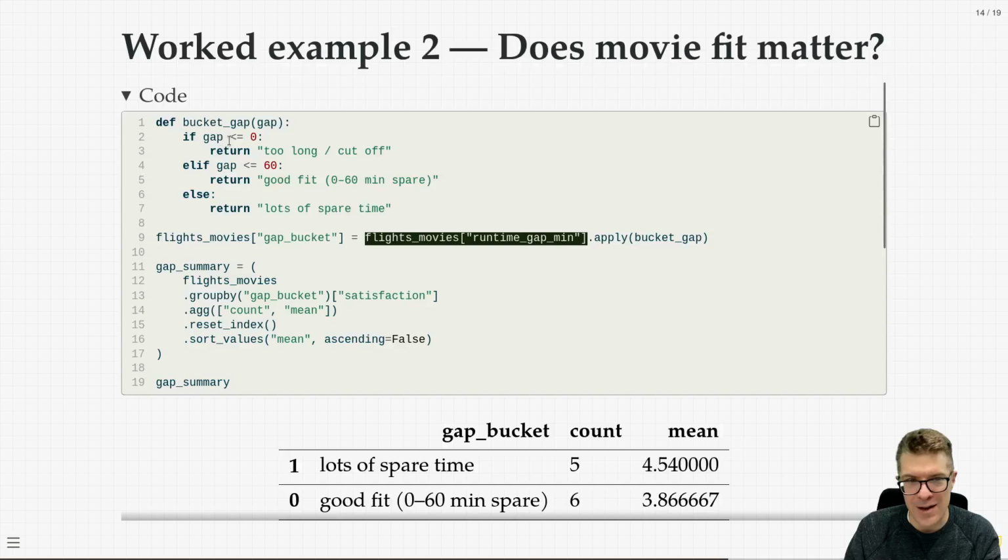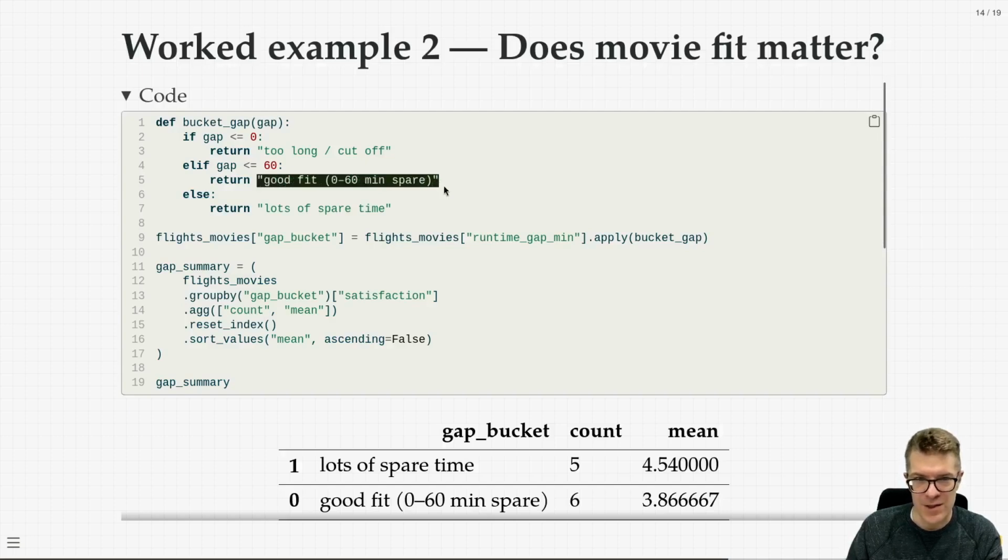In other words, is 30 less than or equal to 0? No, that's not true. So skip this condition, go to line 4. Otherwise, is gap less than or equal to 60? Is 30 less than or equal to 60? Yes, it is. Because that's true, I hop down to line 5, and I return the string, good fit, 0 to 60 minutes to spare.